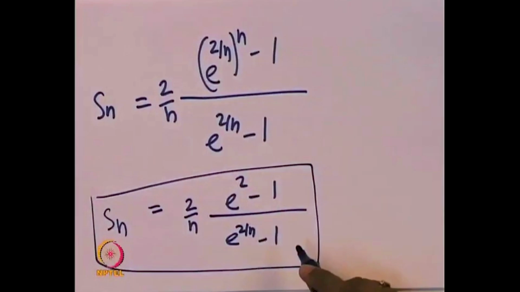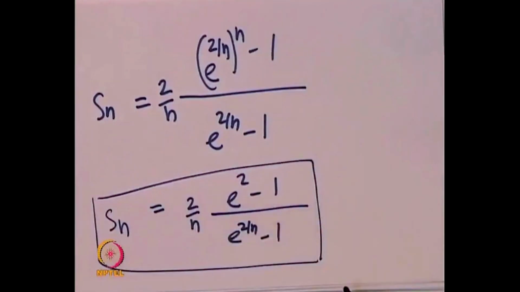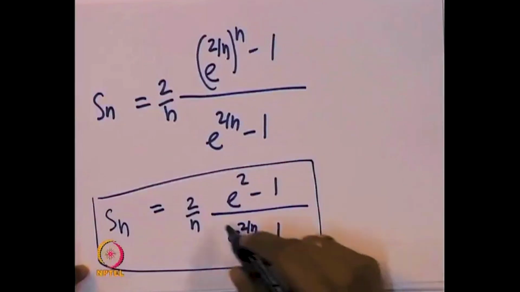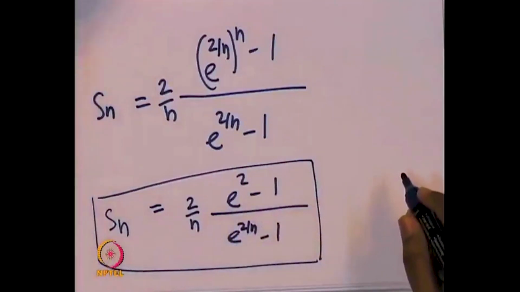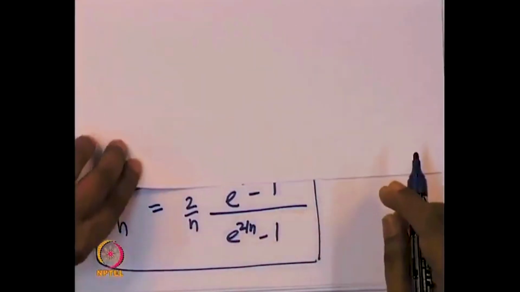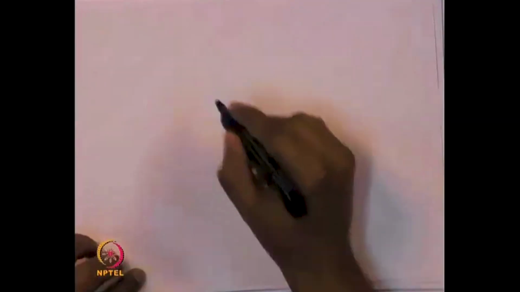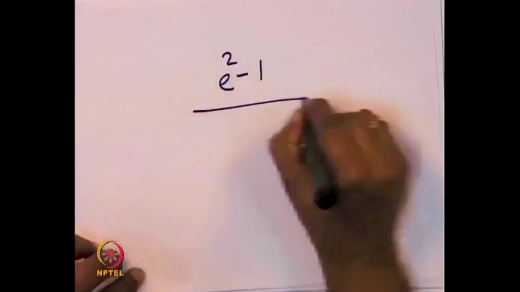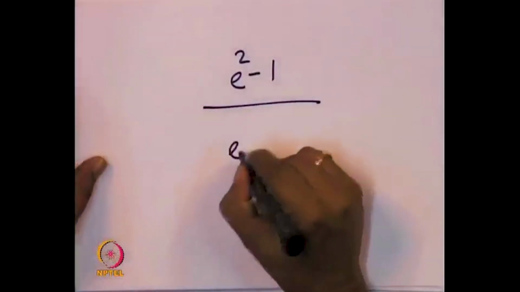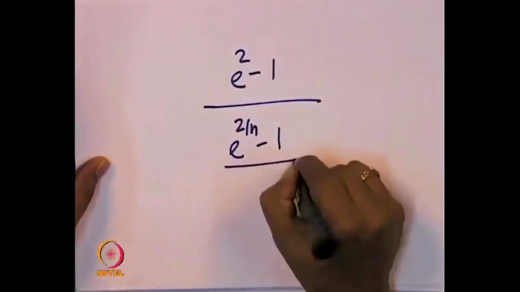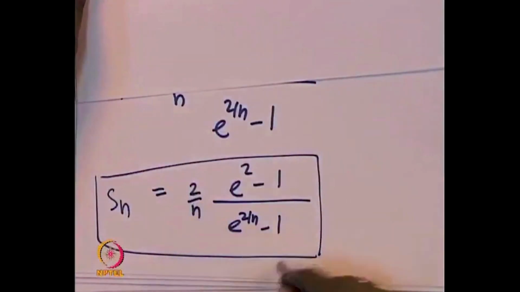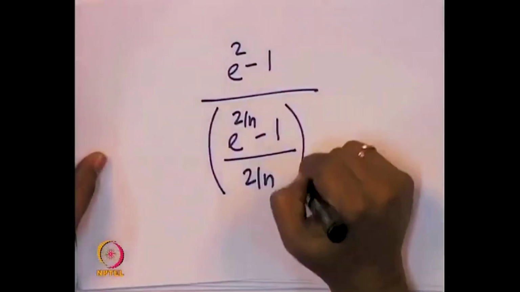Now, we have to see what happens when n goes to infinity. Let me rewrite the whole thing in a slightly different way: (e square minus 1) times ((e power 2 by n minus 1) divided by 2 by n), with the whole thing divided by that.